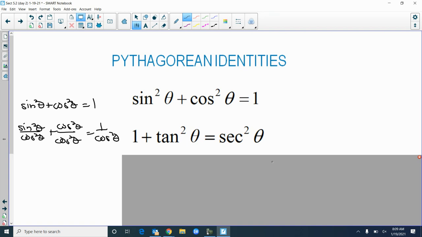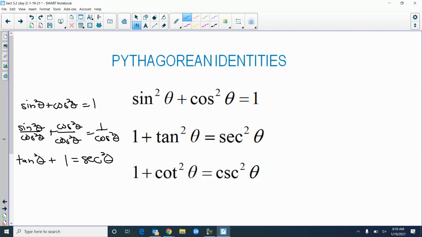So we just learned that sine over cosine equals tangent, and if they're both squared, then it becomes tangent squared. Cosine over cosine squared is 1 over cosine. We just learned that to be secant. And if they're both squared, it's secant squared theta. So that's how we get that second one. 1 plus tangent squared equals secant squared. And then the last one is 1 plus cotangent squared equals cosecant squared.